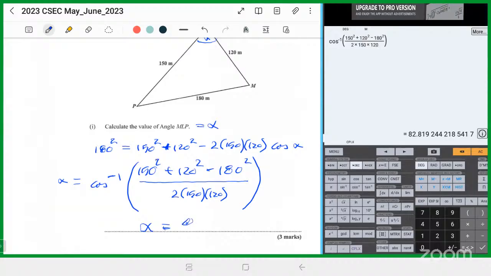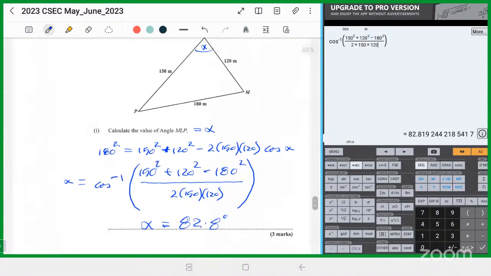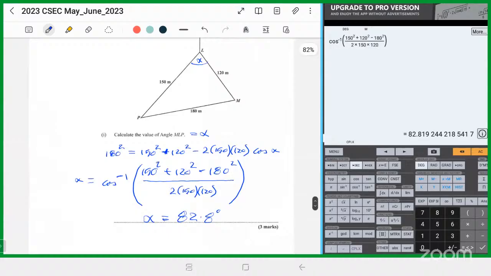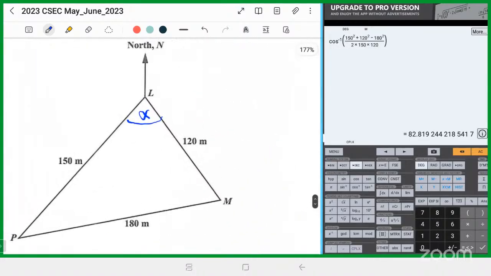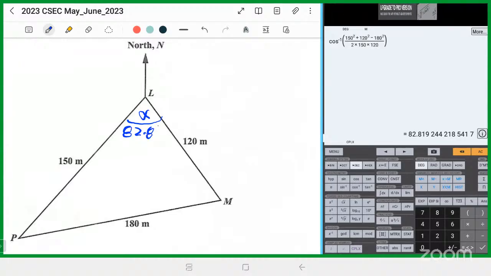So that's 82.8 degrees, the angle MNP. I'm going to put it there now. That's what that angle is.